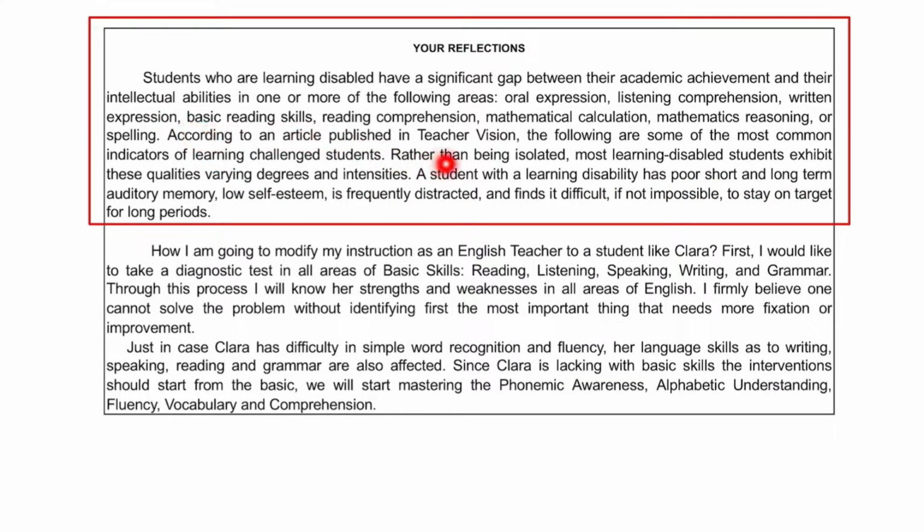I-indicate natin dito yung article na ating na-research about sa disability. So, according to the article published by Teacher Vision, eto na nga, dinidiscuss na dito: a student with a learning disability has poor short- and long-term auditory memory, low self-esteem, is frequently distracted, and finds it difficult, if not impossible, to stay on target for long periods.